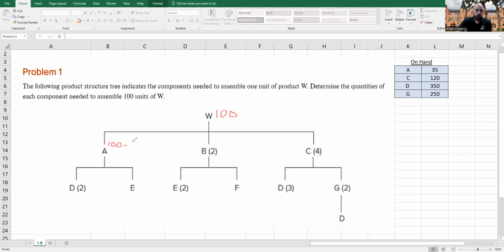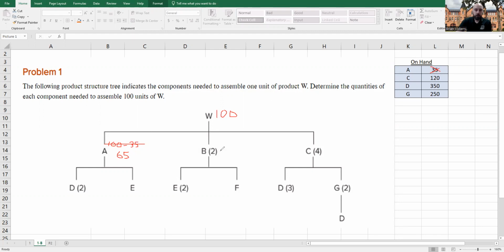And then I'm going to do minus 35 because we have 35 on hand. And that's going to equal 65. However you want to do this to show that you've done the math already is fine, but I'm just going to scratch through to show that we've done the math and we only need 65. And then because it's on paper, I'm just going to scratch that out, or I would have erased it, to show that I've used up all of product A.